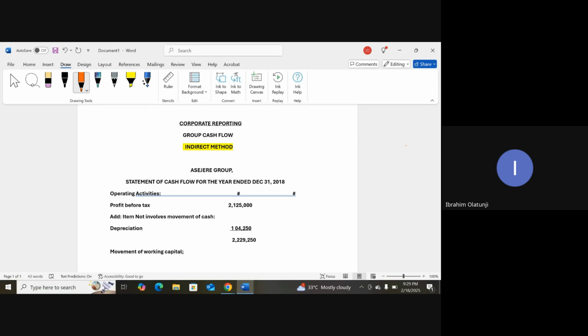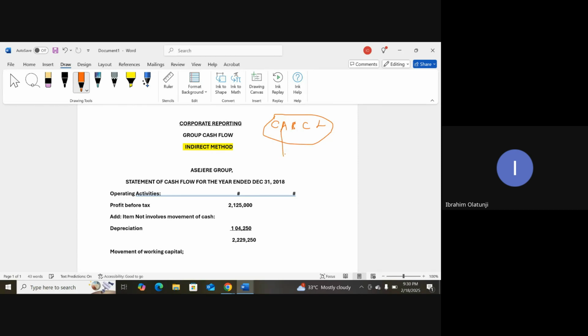When we say movement of working capital in our cash flow statement, what we are referring to is your current assets and current liabilities. But you have to take exception of the following.